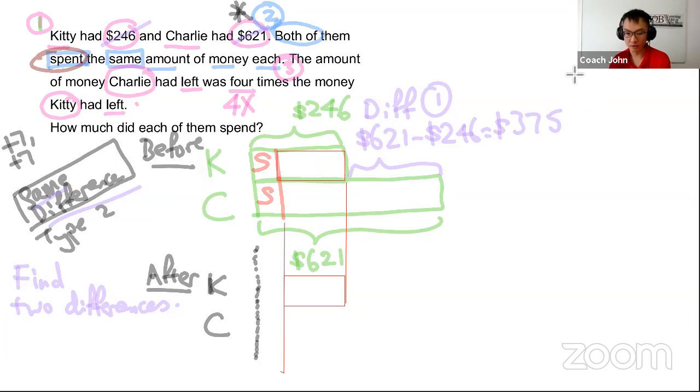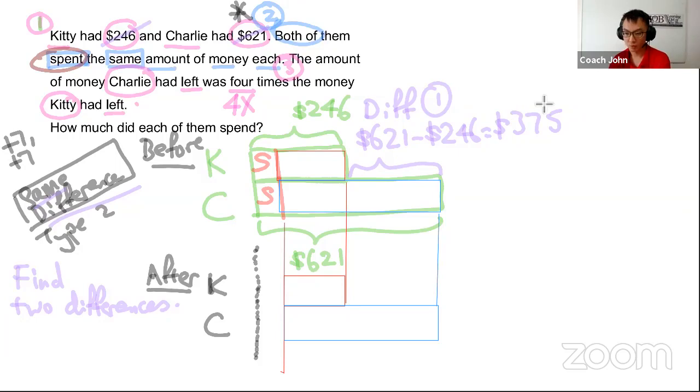Then change color. Let me use blue. For Charlie, it is all the way from here to here. So I also use from here to here because my model ends off here.